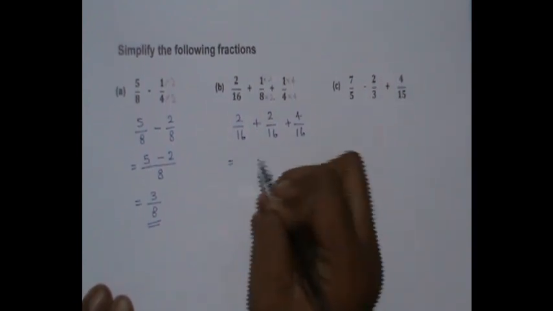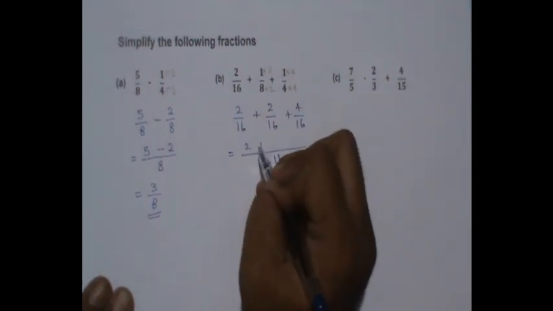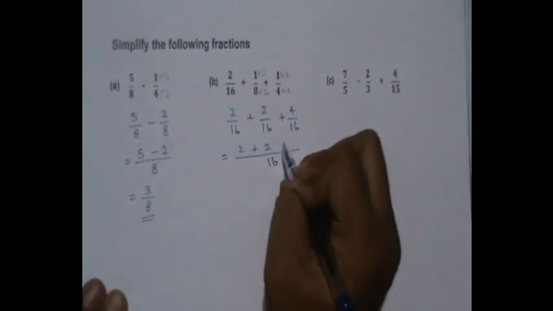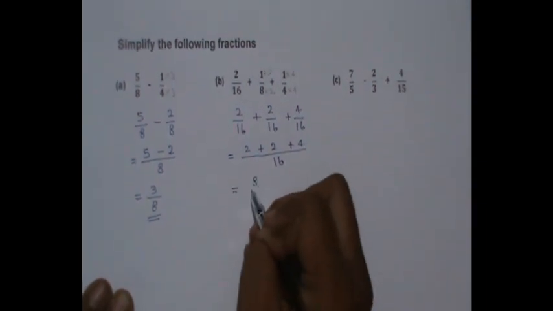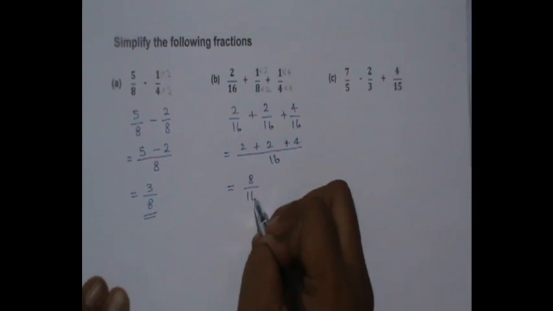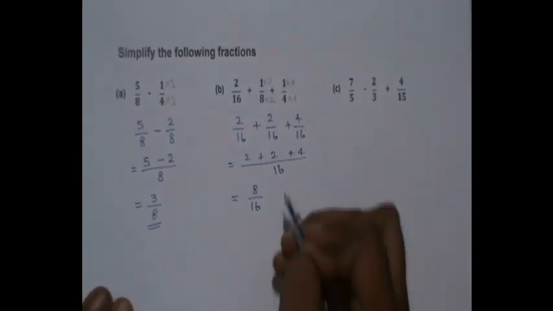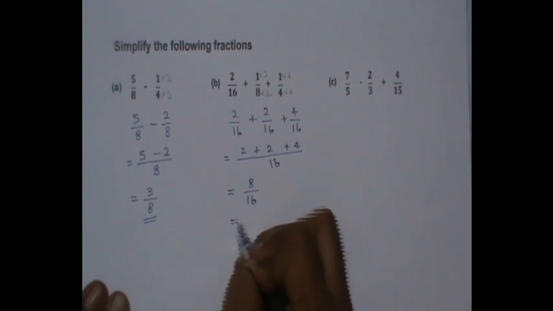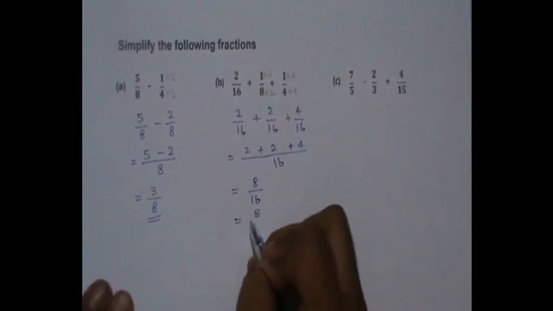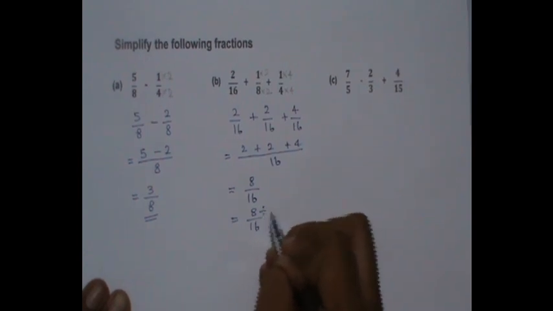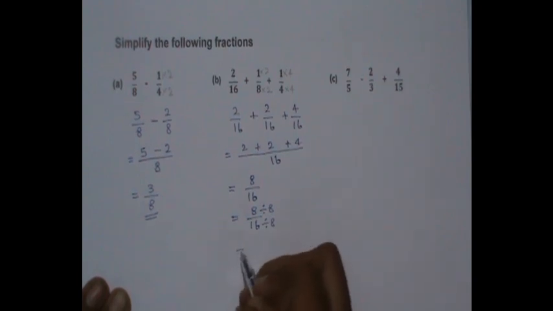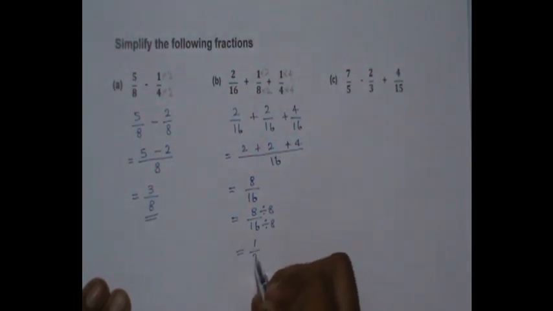Now you have a common denominator, and 2 plus 2 plus 4. So you will get 8 divided by 16. Now again you can divide both numbers by 8. So we will get the final answer 1/2.